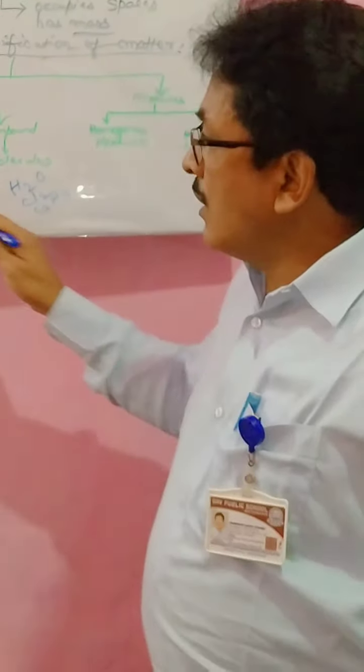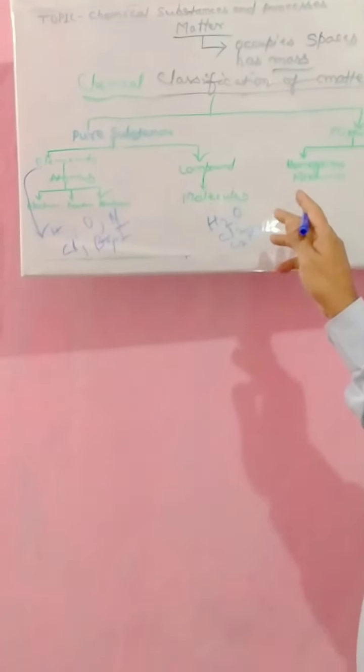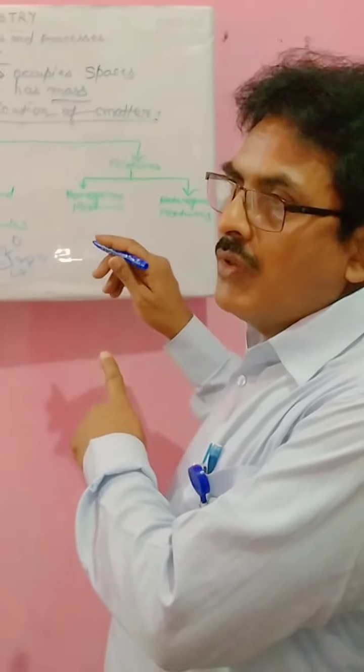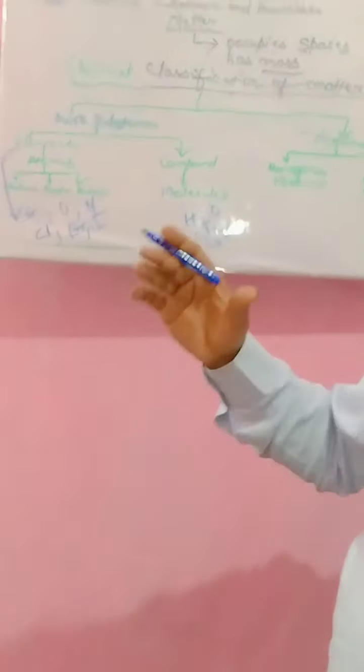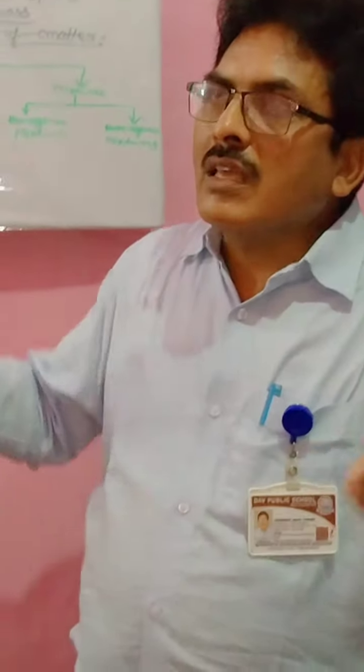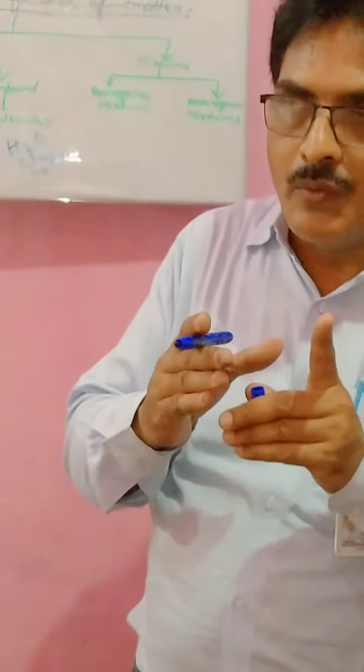You see that the properties of a molecule are quite different from those of its components. The atoms of the elements are chemically combined together, they form the molecules, and they are available in the molecule in a fixed ratio.